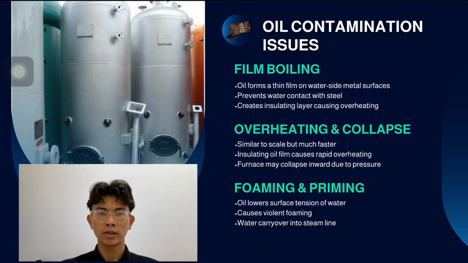This causes overheating much faster than scale, leading to furnace collapse. Oil also lowers the surface tension of the water, which leads to violent foaming and priming, where water carries over into the steam.